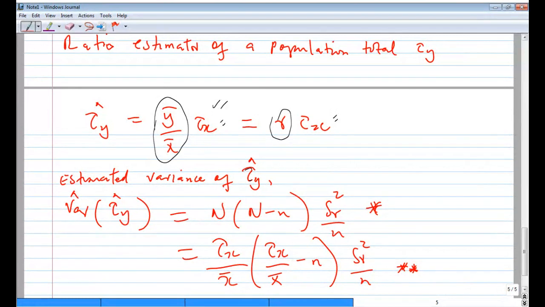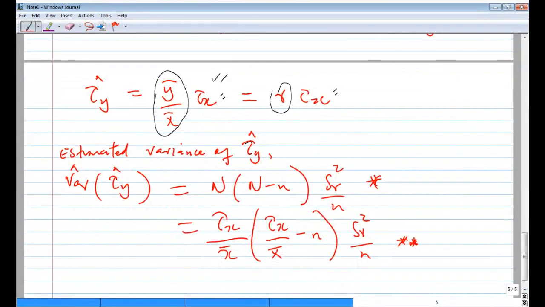If the average is not there but they gave you mu x, you can substitute x bar by mu x. But if x bar is there, it's tau x over x bar, open brackets, tau x over x bar minus n, close brackets. Are we together? So I think this is the theory behind ratio estimation. Now we can quickly go to the example and see how we can apply these formulas. Any question?